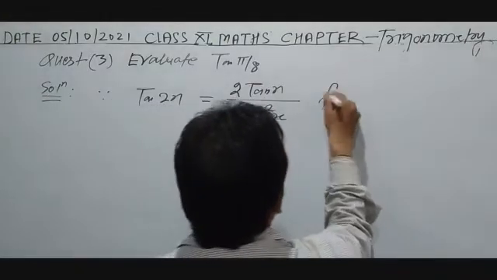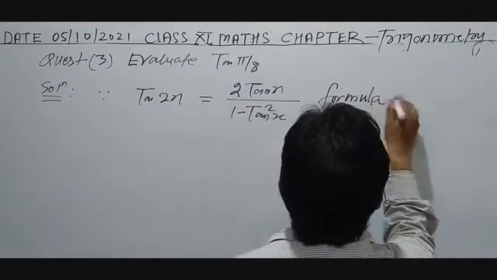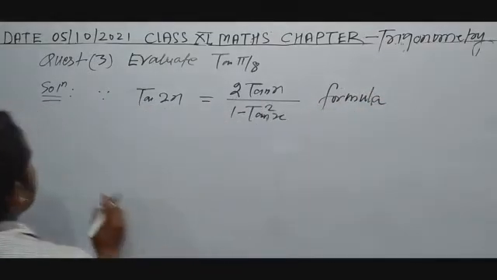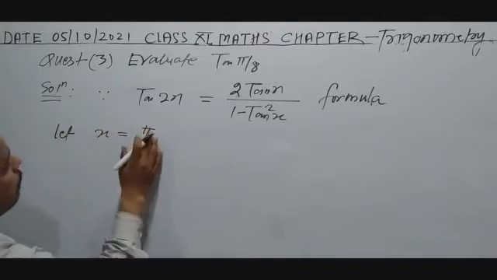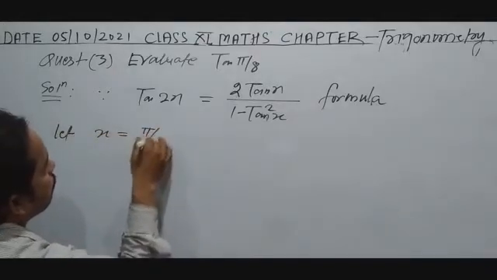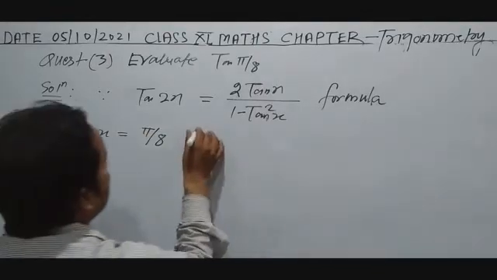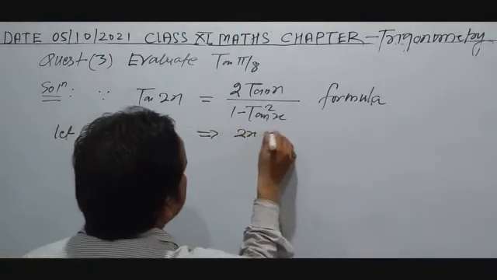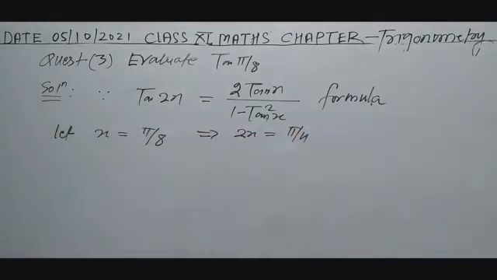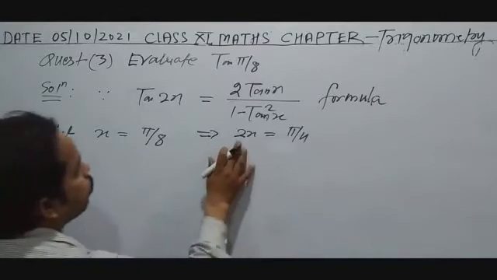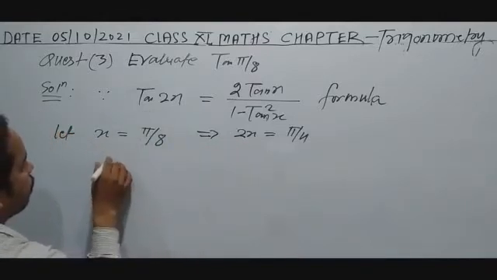With the help of this formula I am going to prove this. Let x be equal to pi by 8. This implies 2x we can write as pi by 4. So we are going to put the 2x and x values in the given formula.